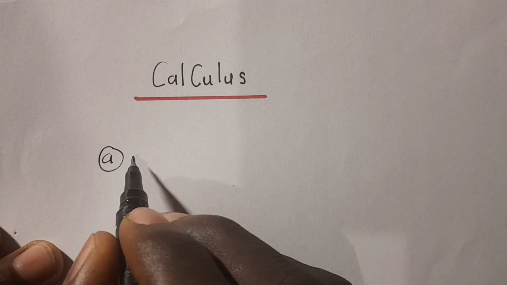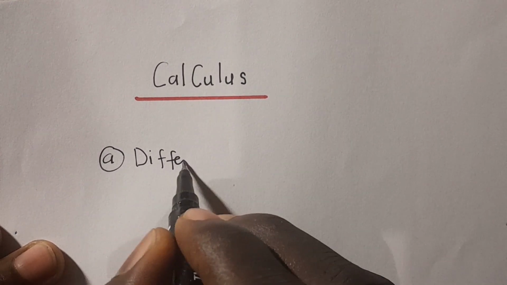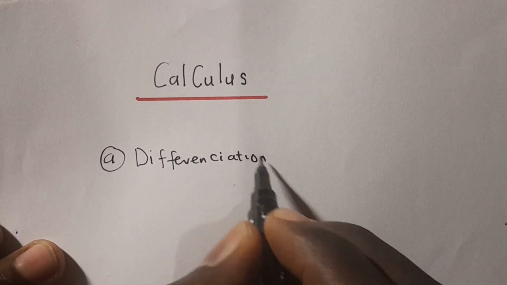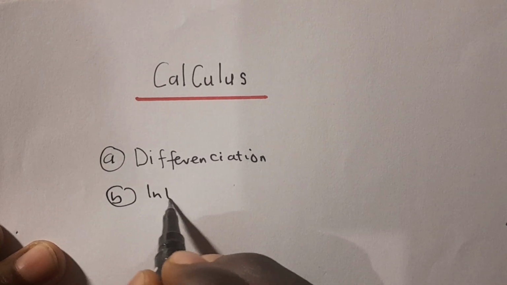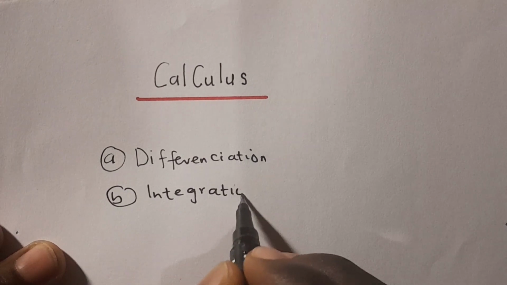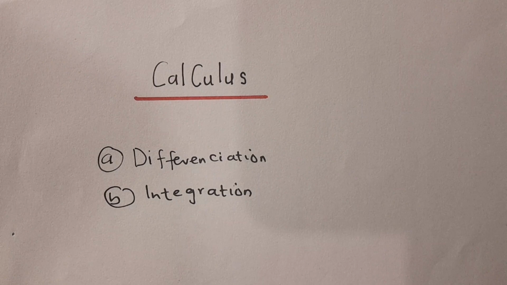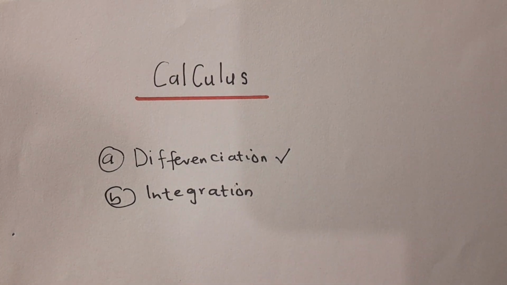We have differentiation, and we have another one to be integration. So now we are going to take a look at this first. What is the meaning of differentiation in calculus?